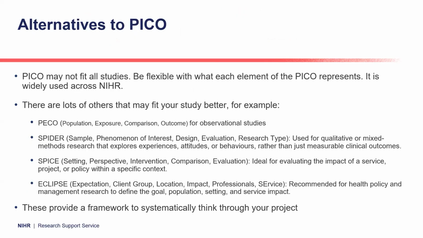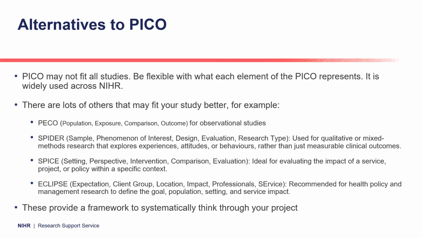I know that not all studies fit nicely into the PICO framework. There are lots of other alternatives out there. Basically, all PICO represents is a framework, and it's just a nice way to represent different bits of your project. For other examples, such as observational studies, PECO might work better.